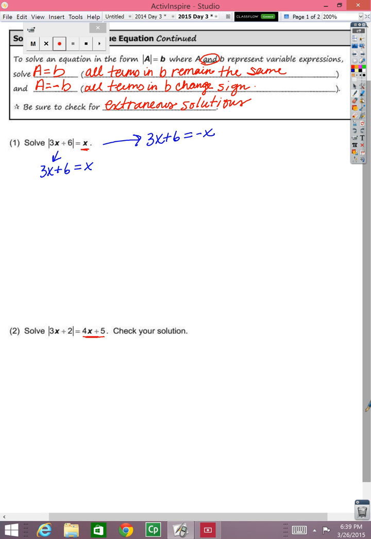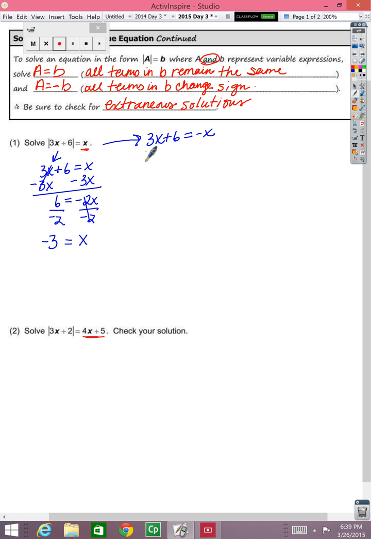So to solve both, I need to start by subtracting 3x. And then this one you'll get 6 equivalent to negative 2x. Divide by negative 2. And x is equivalent to negative 3.